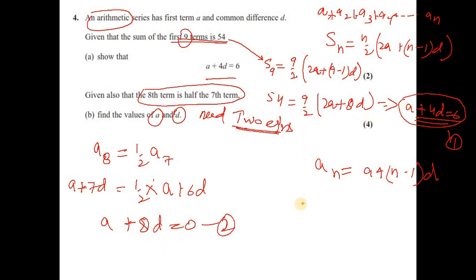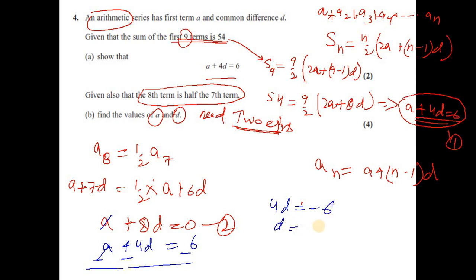That means A plus 8D, underneath I'm writing A plus 4D equal to 6. Subtracting means I need to change the sign. A gets cancelled, so 8D minus 4D will give you 4D equal to minus 6, and then D equal to minus 6 by 4.